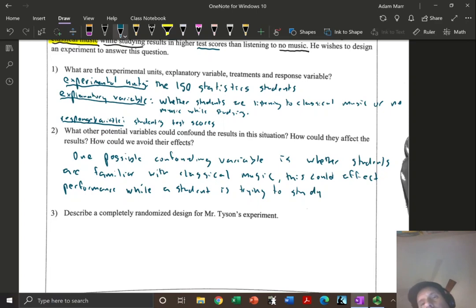Or you could even just say retention, right? Okay, something like that. Maybe you could think of a different confounding variable, but that's definitely for sure one.